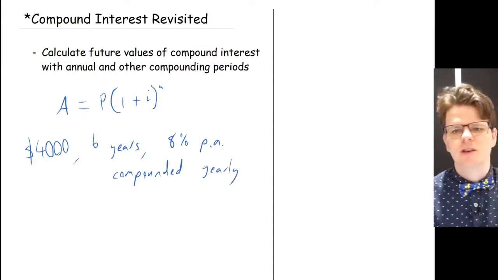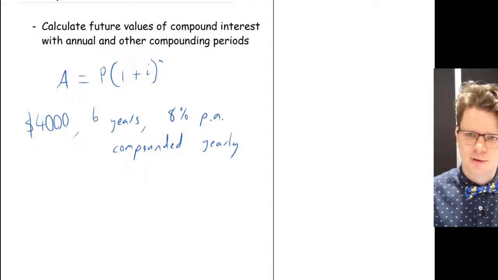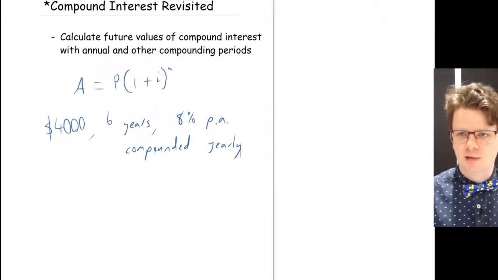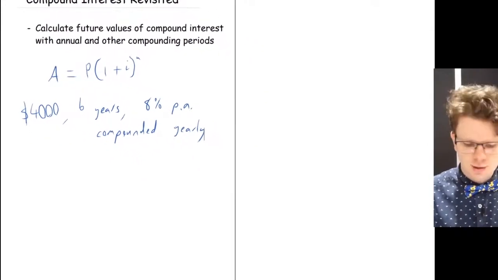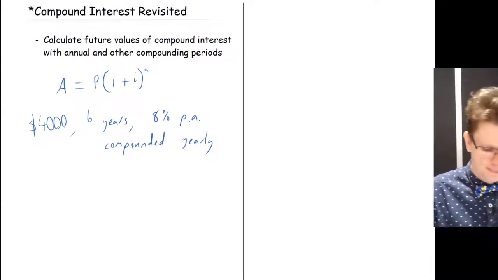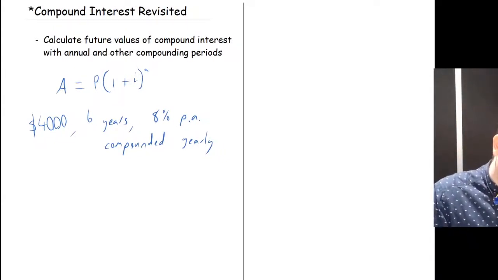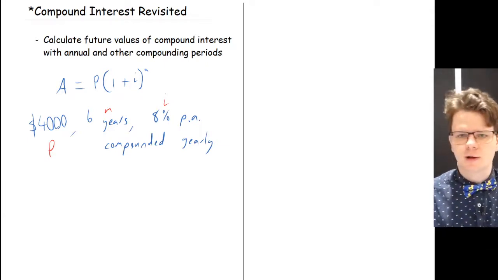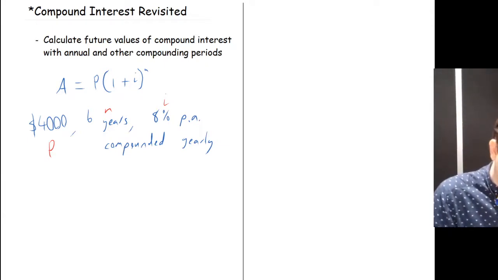Okay, so this is just a real straightforward example of something that we might look at. So what does that mean? Well, it means that we've got all of our variables set up, ready to go. We've got our P, we've got our n, and we've got our little i. All ready to go, no stress at all. So let's just go through it.